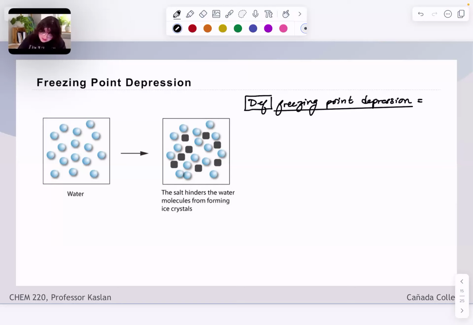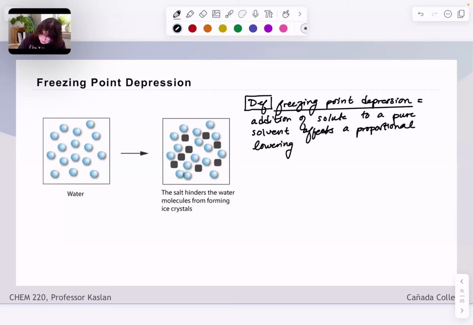So we can say that by definition, freezing point depression is the phenomenon where the addition of a solute to a pure solvent affects a proportional lowering in the freezing point of solution compared to the freezing point of pure solvent.